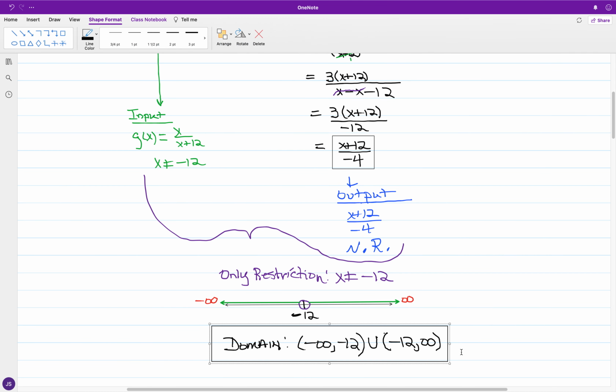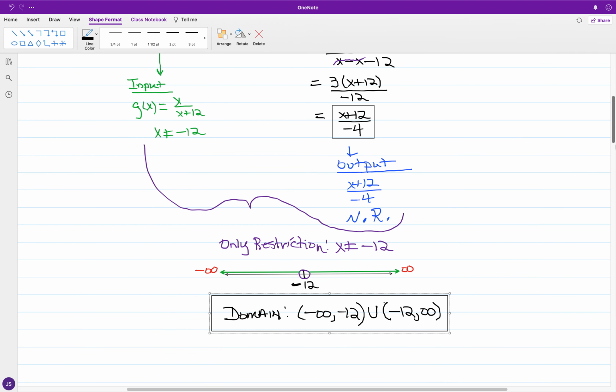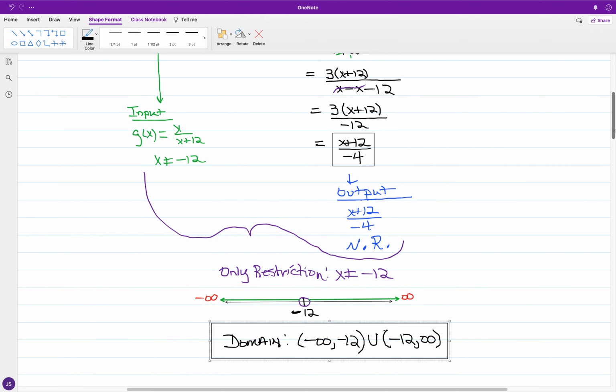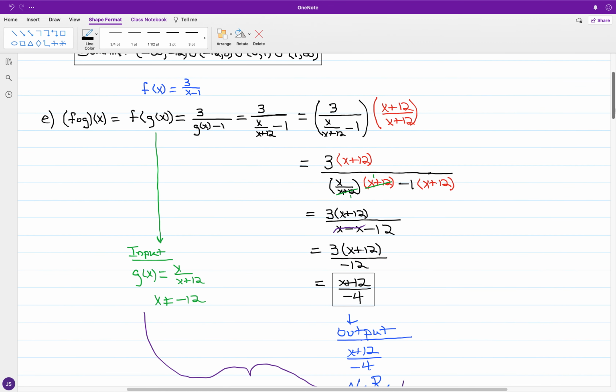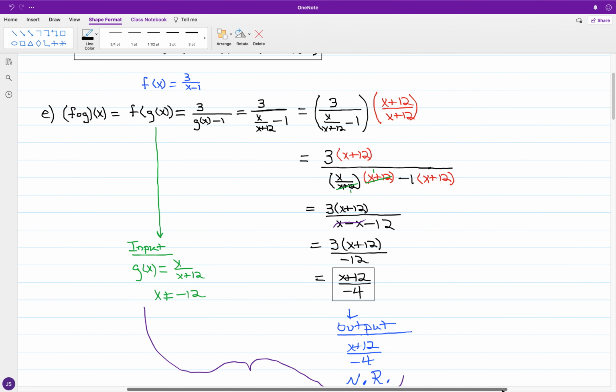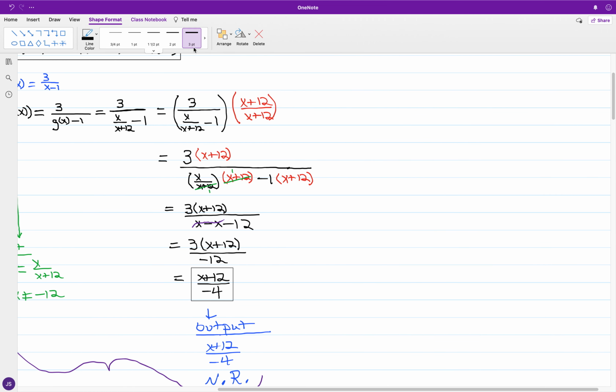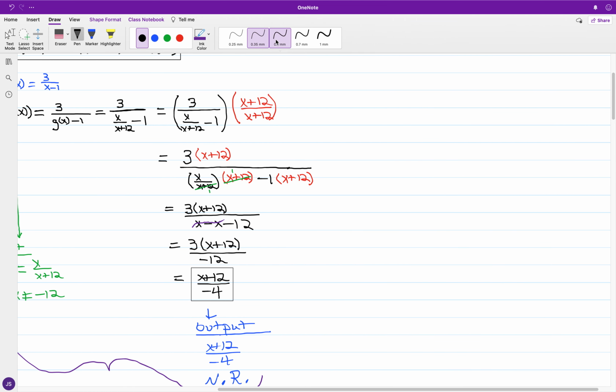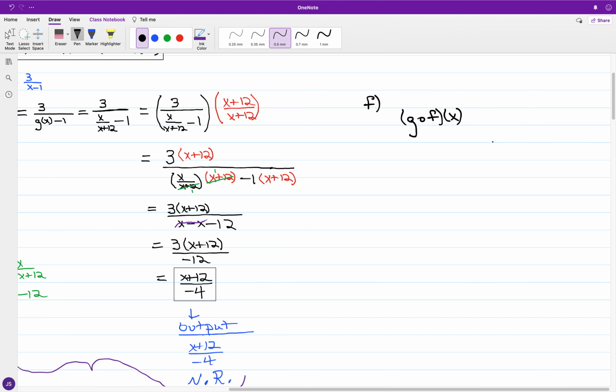Okay. Now, for the other composition, whereupon we have g composed with f of x. Okay, and this is a little bit tricky too. And again, just for the compact notation, we're looking at taking g of f of x.